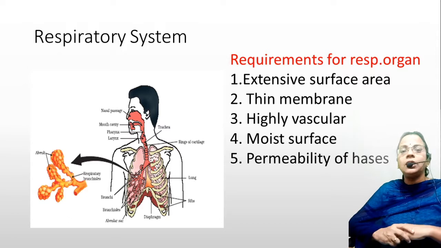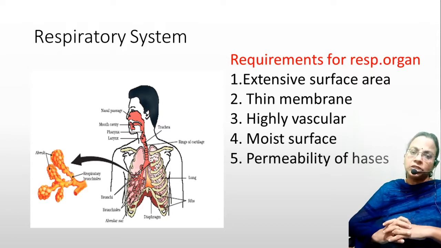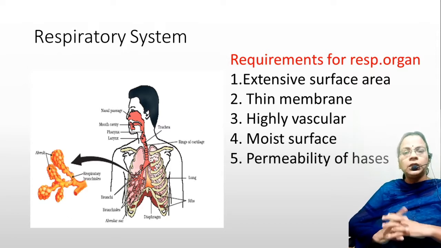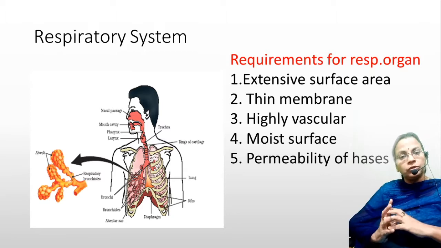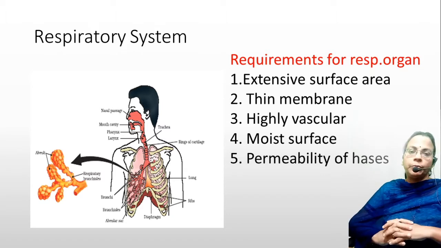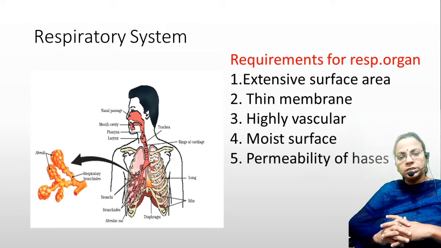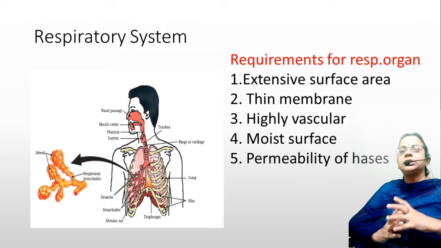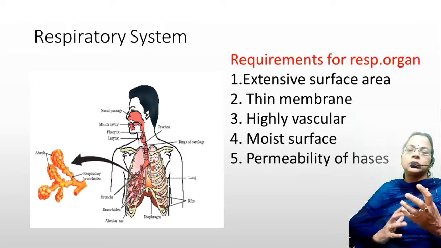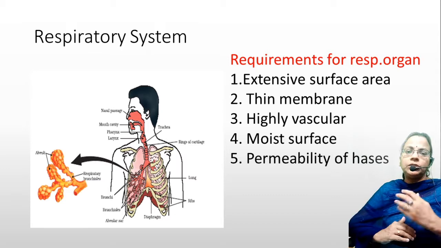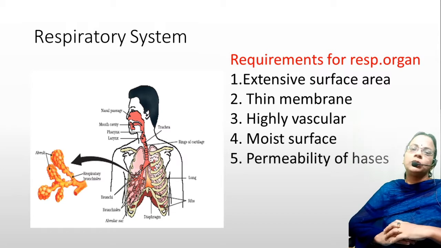Within the cell also respiratory exchange takes place, because of glucose in the presence of oxygen. Glucose first will be converted into pyruvic acid within the cytoplasm. That process is called glycolysis, and this pyruvic acid in the presence of oxygen, which is taken up from the blood to the tissue, will enter into the mitochondria.